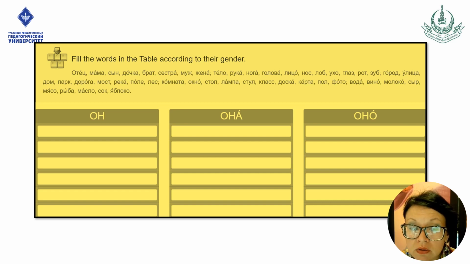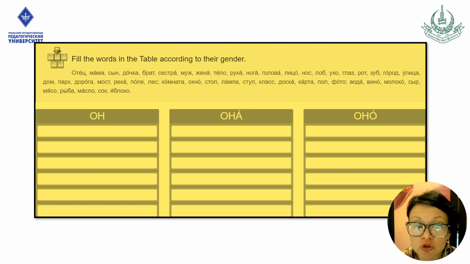Then рот, also t, hard stem ending, is он, masculine. Зуб, b consonant, corresponds to он, masculine. Город, d, t, hard stem ending corresponds to он, masculine. Улица, a corresponds to она, feminine gender.